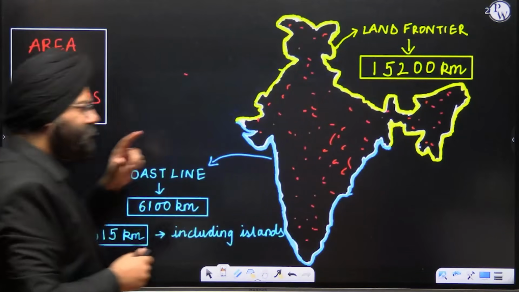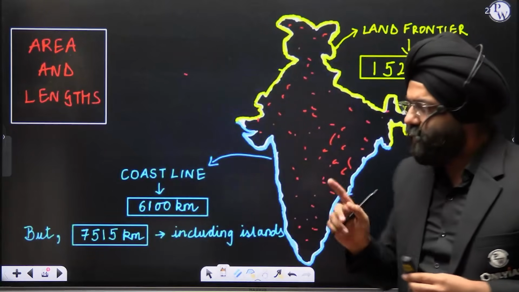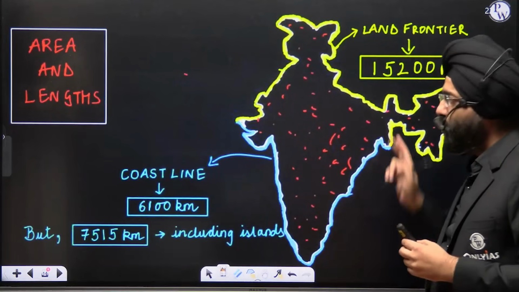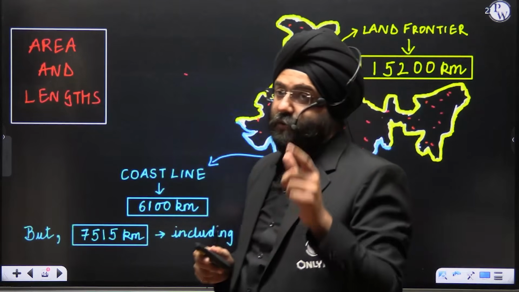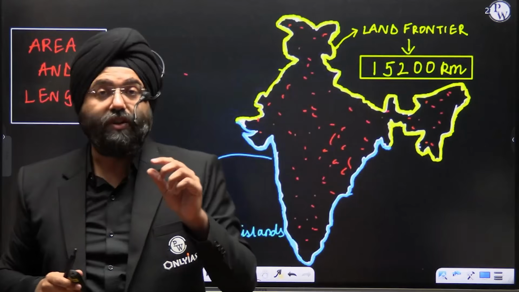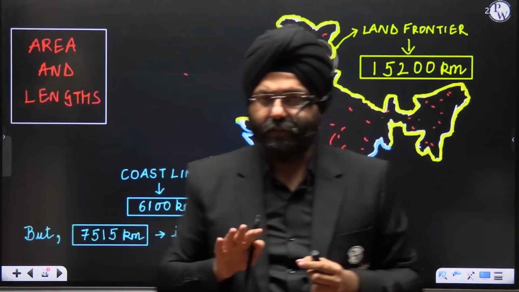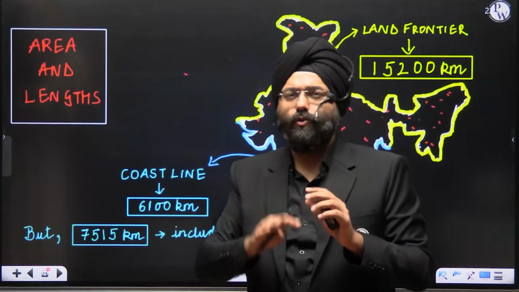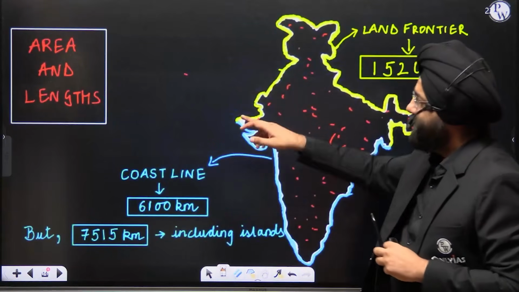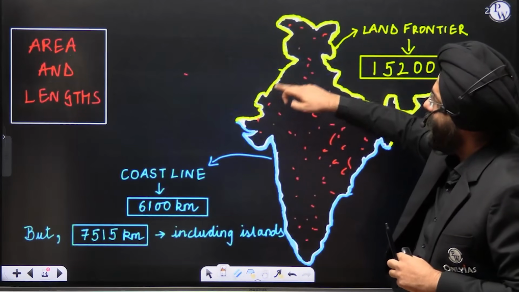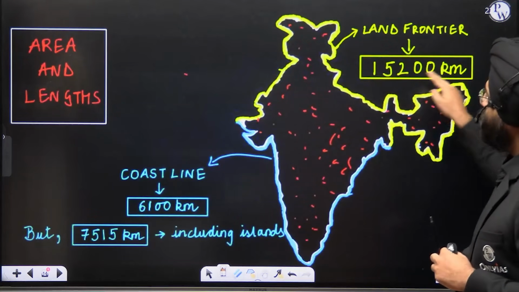See, something very important. Whenever we read this particular thing, especially with respect to coastline, it has been in the news of late. And that is why it becomes important for us to remember and analyze that also. If you generally read the NCERTs, whether it is class 6th to 11th, you will come across this particular fact which says the frontier, that means the land boundary over here, this whole is 15,200 kilometers.